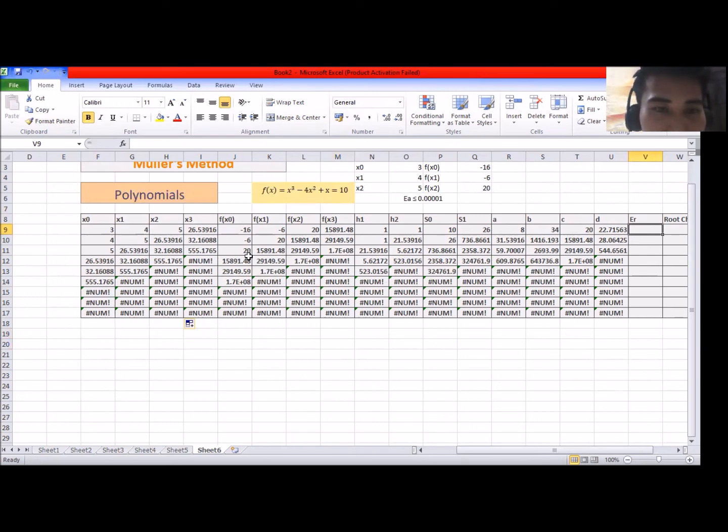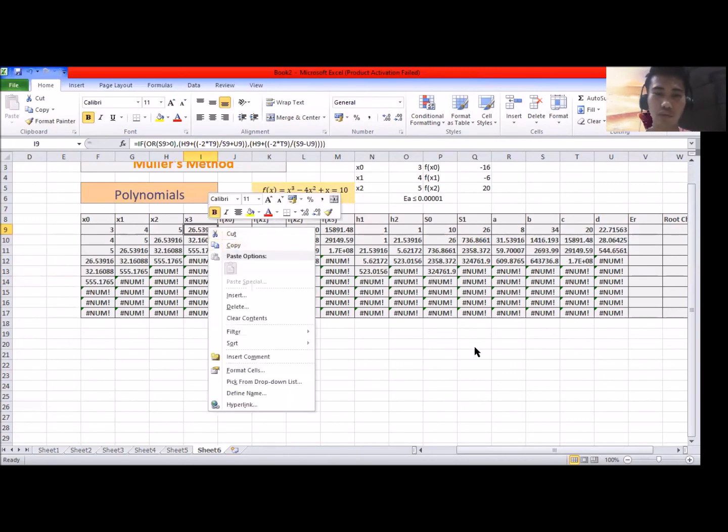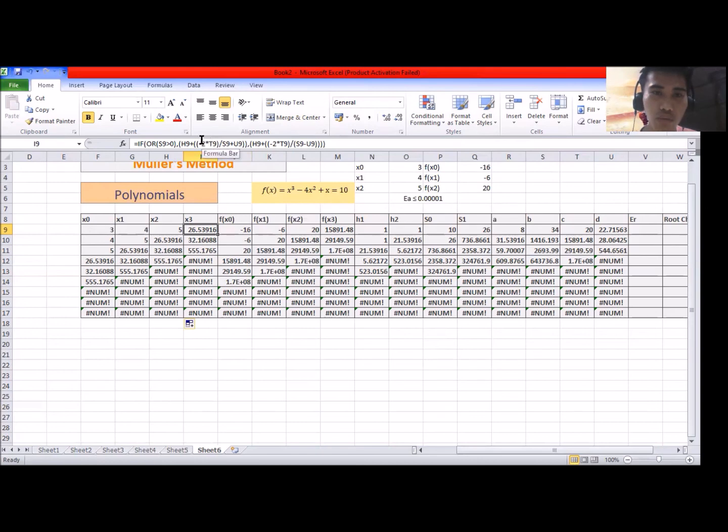But wait a minute, let me check something here. So y is this, plus negative 2 multiplied by this.